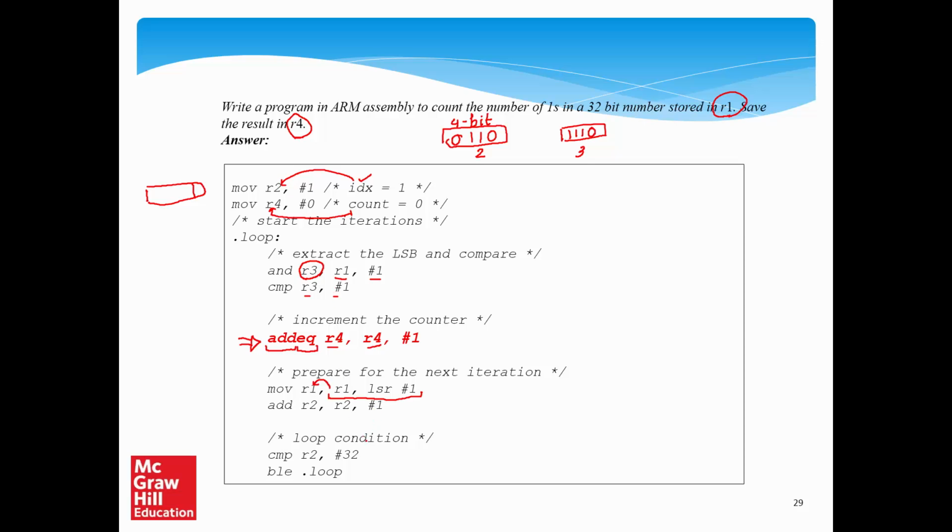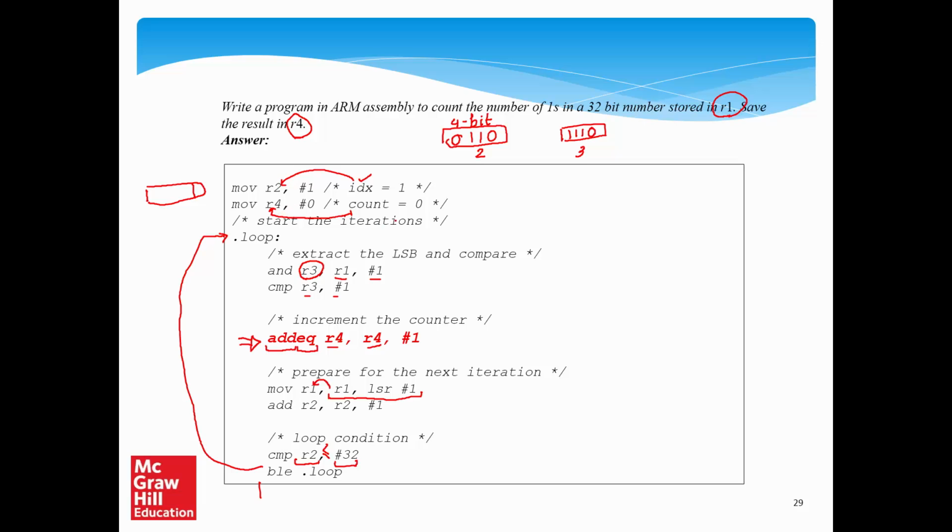Then we compare. We start with the index of 1, so we need to loop 1 to 32 times, but once it is 33 we need to get out. So we compare R2 with 32. If R2 is less than or equal to 32, BLE, then we go back to the original looping instruction, otherwise we come out, and the final result is saved in R4, which is the count.